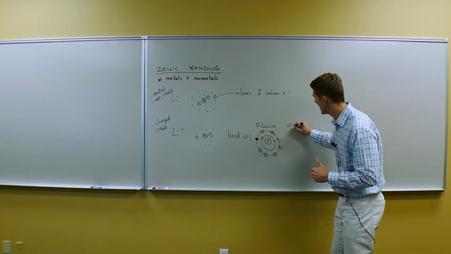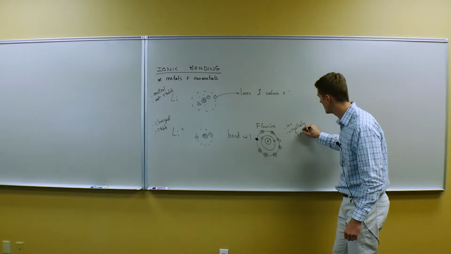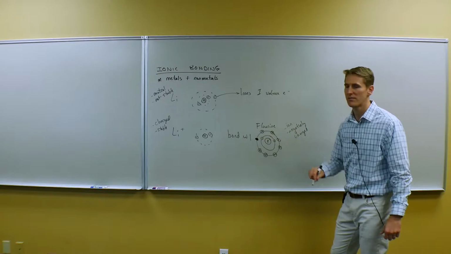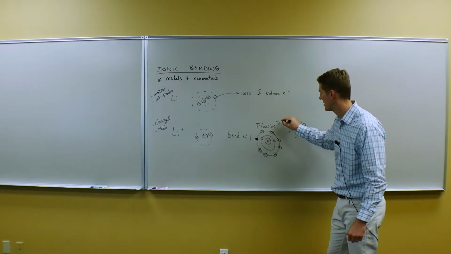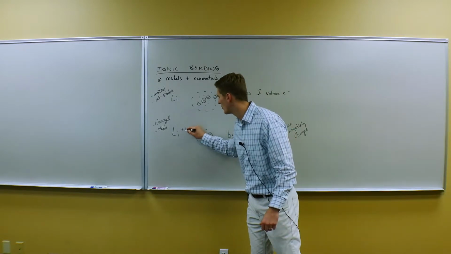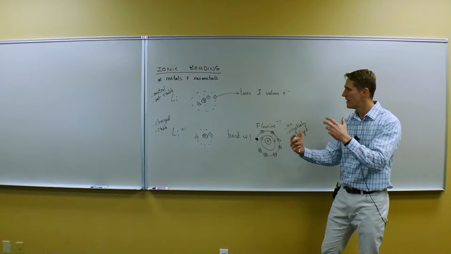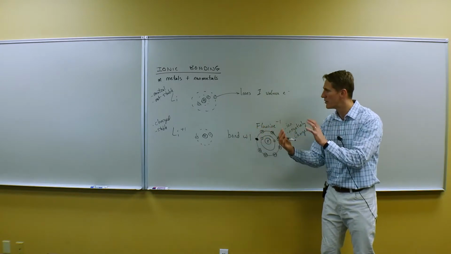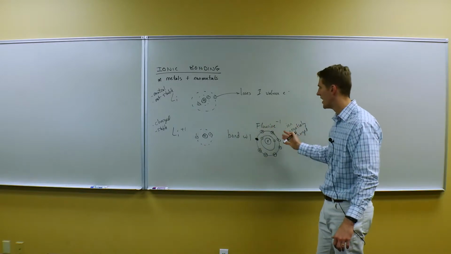It becomes negatively charged as a result of receiving that 1 valence electron. It'll be a 1 negative charge versus the lithium being a 1 positive charge. And this attraction, electrostatic attraction, forms what we call an ionic bond, a bond between metals and nonmetals.